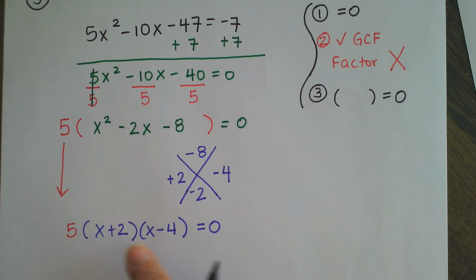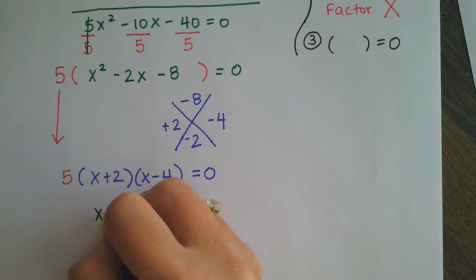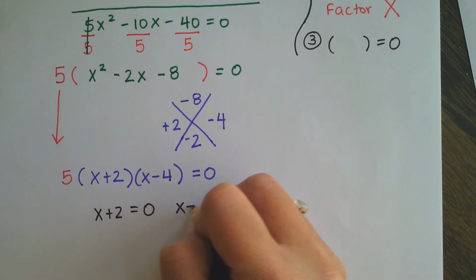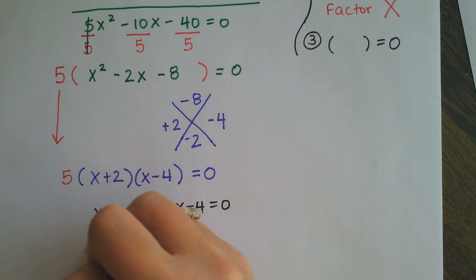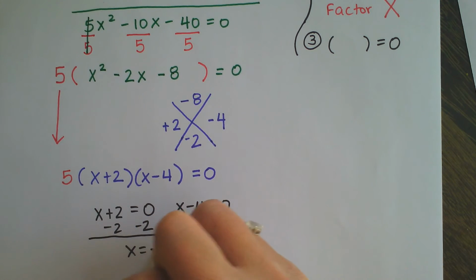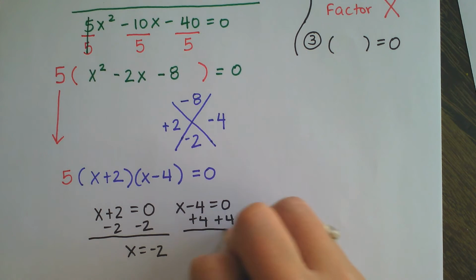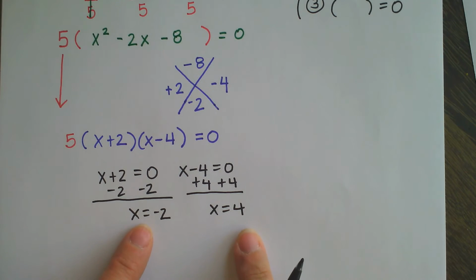So I only have 2 factors or 2 places where x is that I can get answers to. x plus 2 equals 0, x minus 4 equals 0. So I get a negative 2 as one of my answers and a positive 4 as another one of my answers.